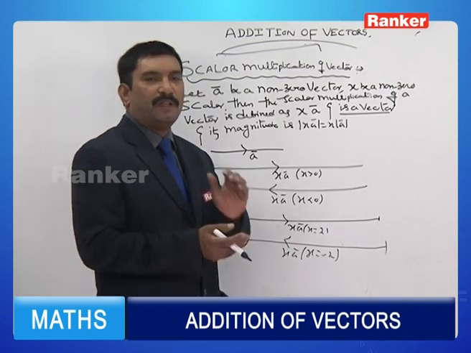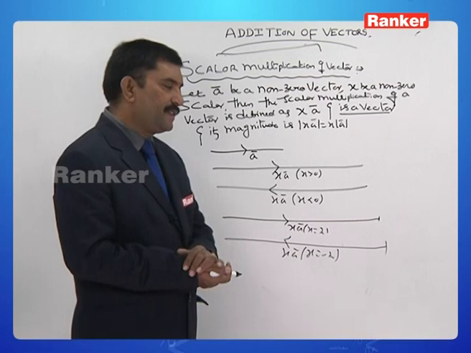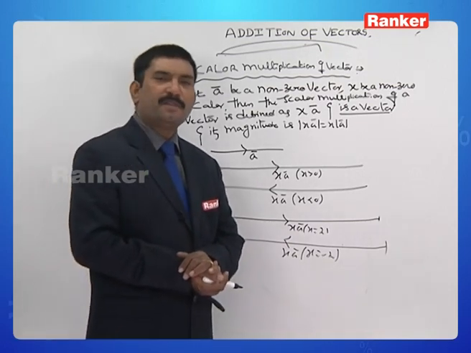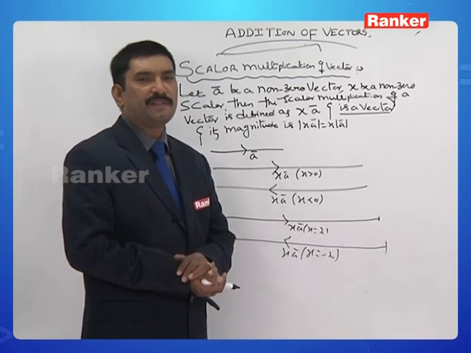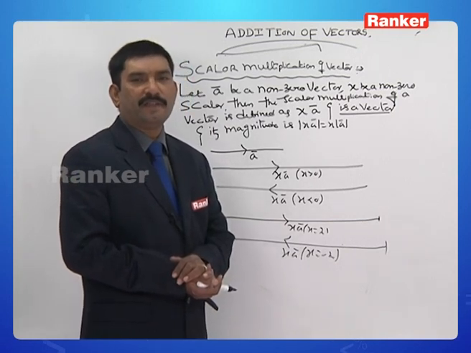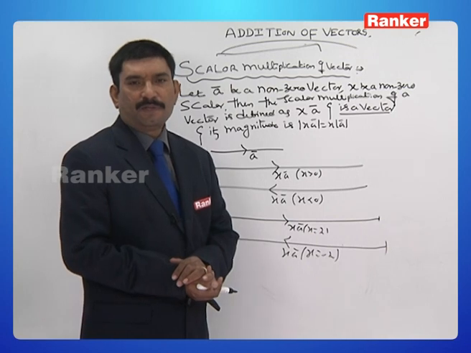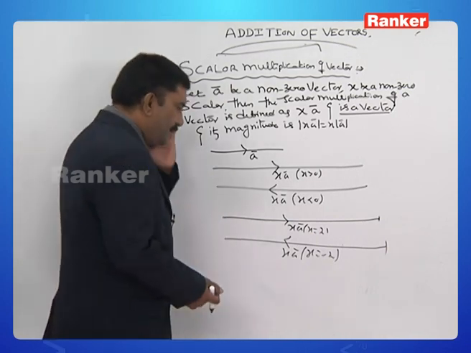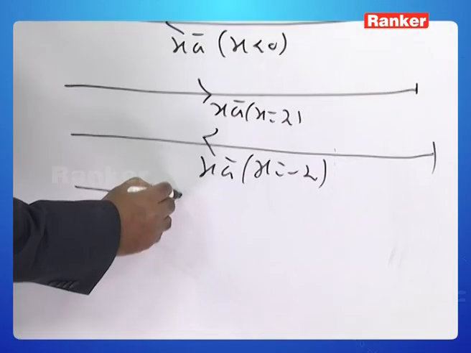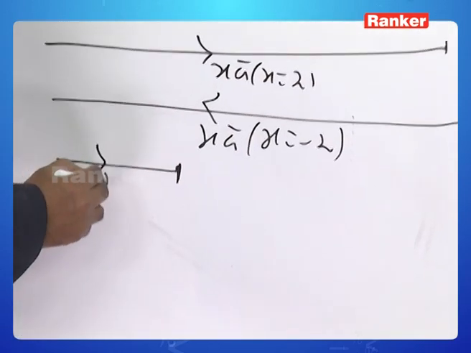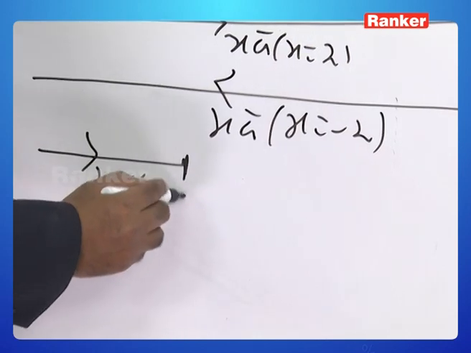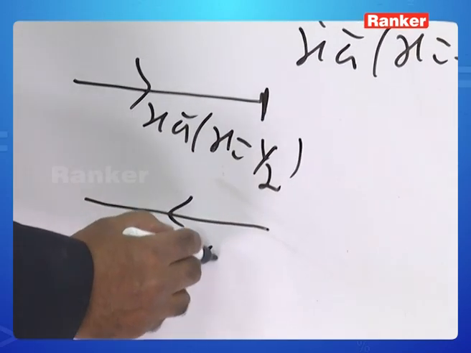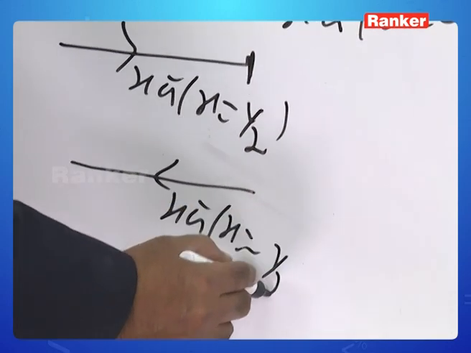So therefore, the vector a bar and xa bar will have the same direction or opposite, depending upon whether x is positive or negative. Followed? Now, coming to this, xa bar, where x is equal to half. Now I can also write, this is xa bar, where x is equal to minus half.